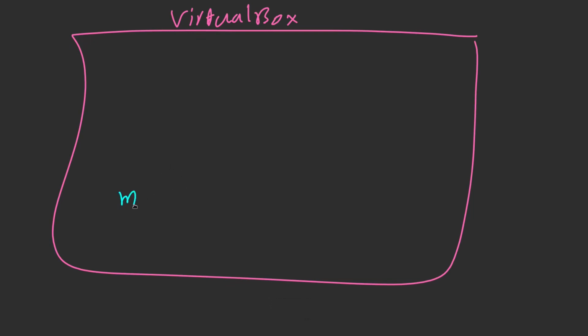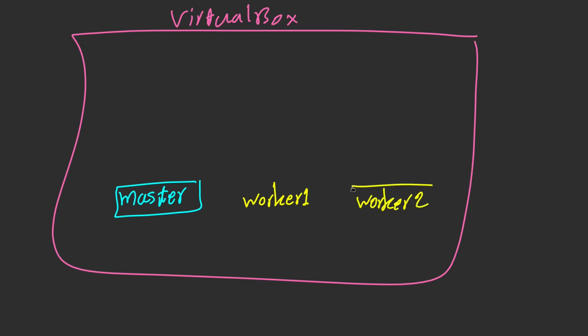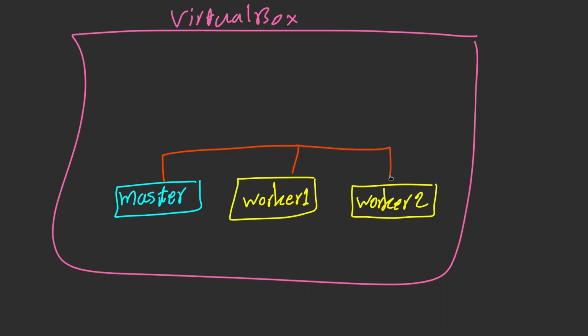A master node, and 2 other worker nodes. They are connected together using a host-only network with this IP address, 56.50/24.